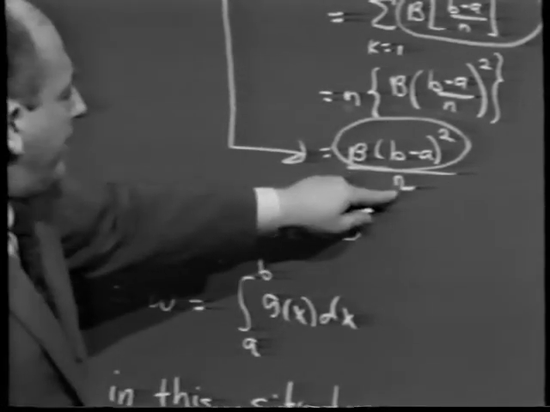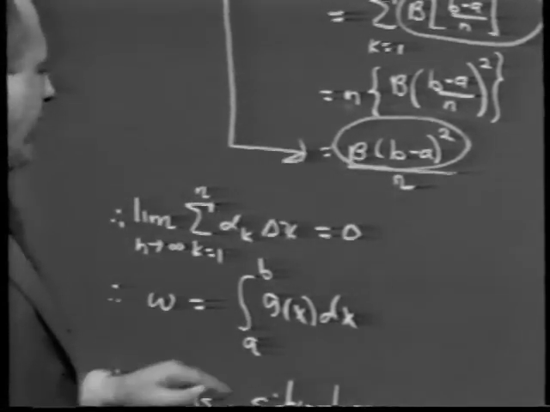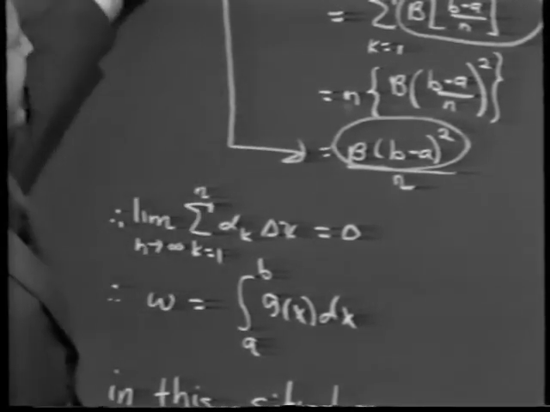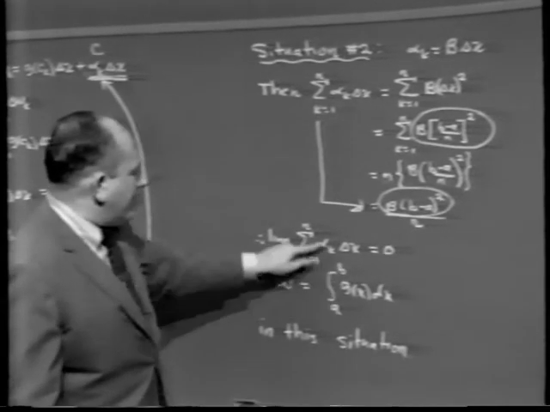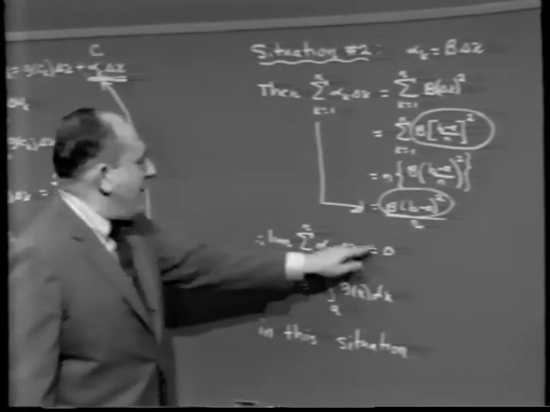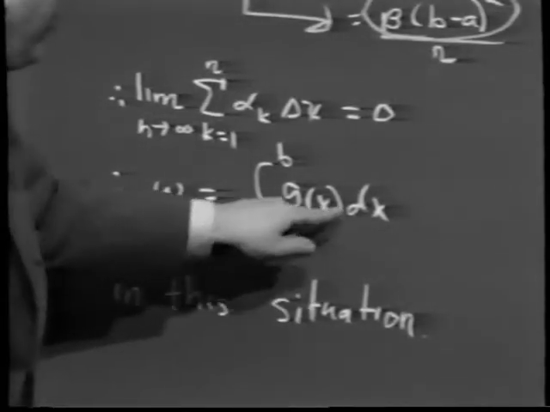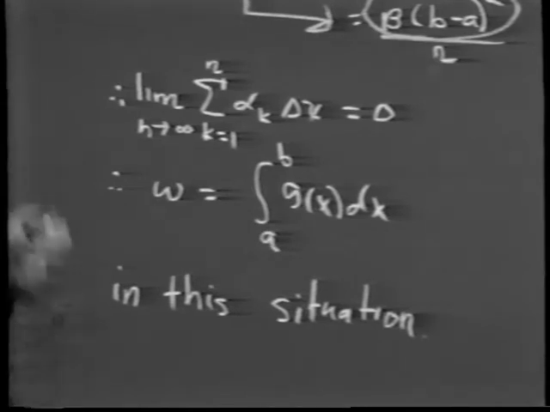As n goes to infinity, my denominator increases without bound, my numerator remains constant, so the limit is 0. In other words, in the case where alpha sub k is a constant times delta x, this limit is 0, the error is squeezed out, and in this particular case, w is given by the integral from a to b, g of x dx, exactly in this particular situation.